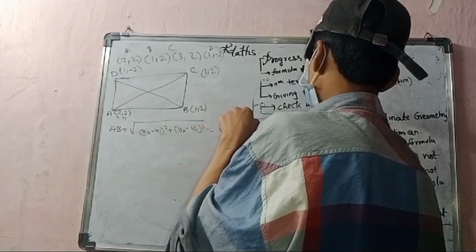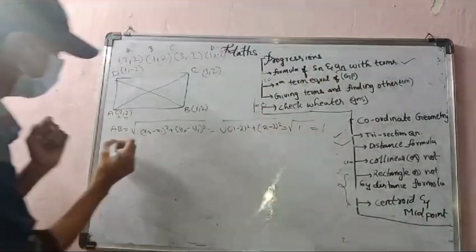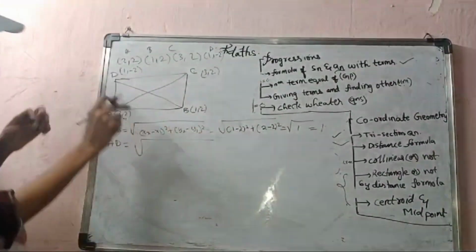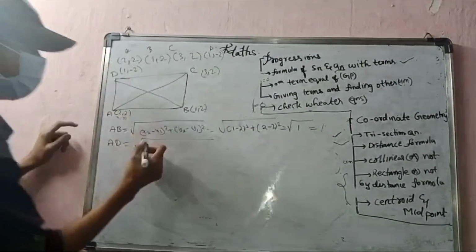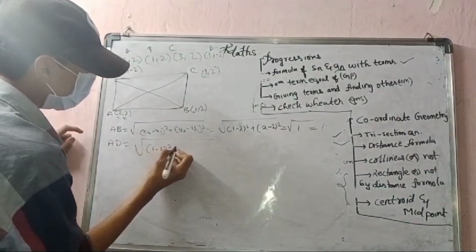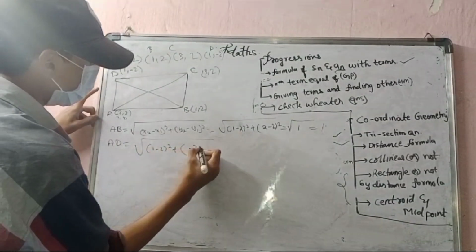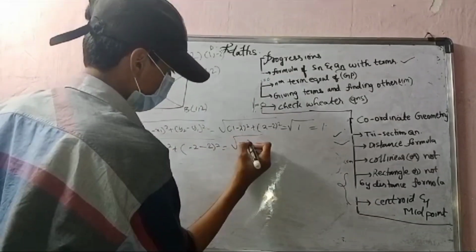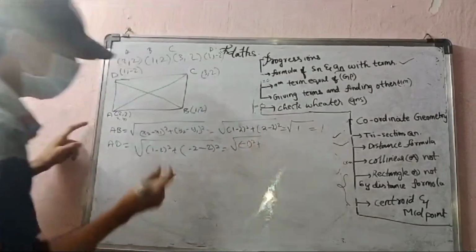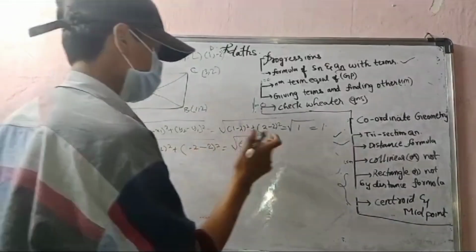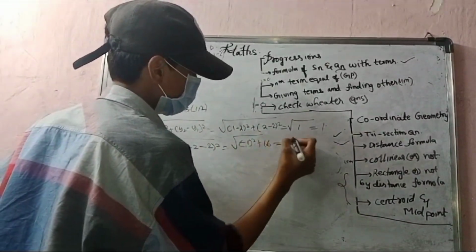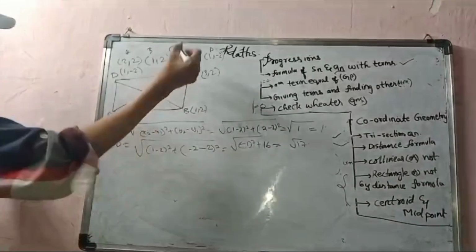Minus 1 whole square, 1. Root 1 will be 1. Now AD. I am writing that, not the formula. So 1 minus 2 whole square plus minus 2 minus 2 whole square. So minus 1 whole square plus minus 4 whole square, 1 plus 16. So root 17. Okay. Now BC.